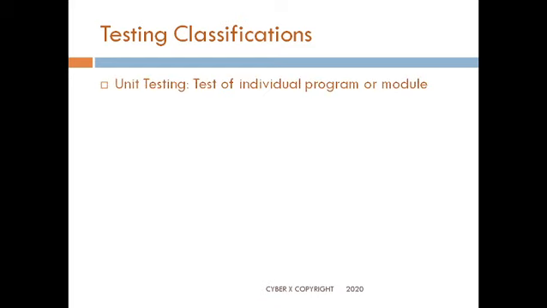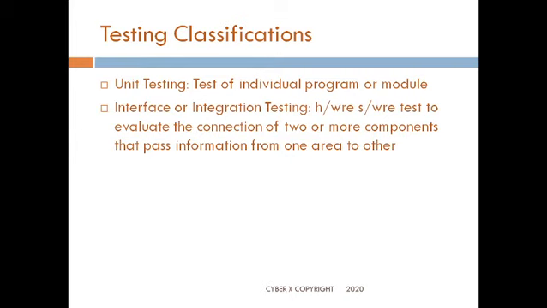So testing classification, what is it? We have unit testing. Unit testing is a process where individual programs or modules are tested. Each unit is tested, and from that the word unit testing has come. You would have interface or integration testing.